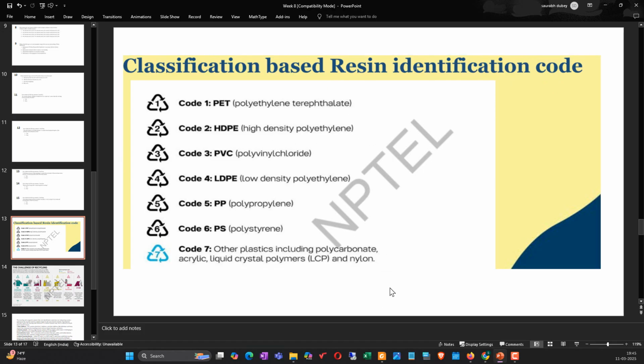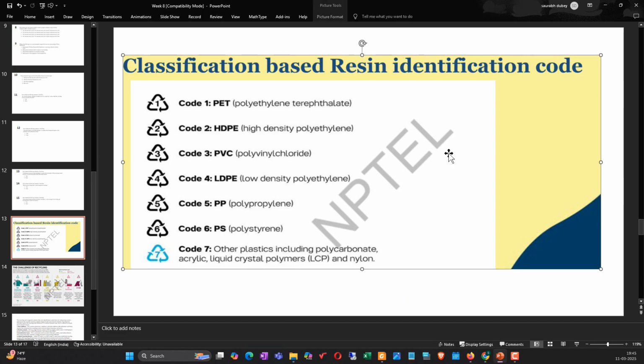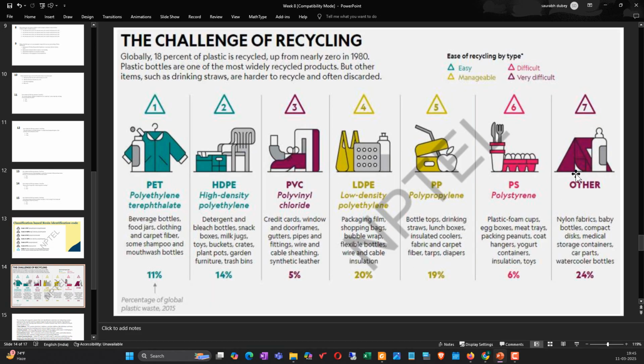So he got confused, or there is some misinterpretation that this list is as per the ease of recyclability. It seems like, because PET is easiest to recycle, and then HDPE. So if you think like that, whichever is easily recycled, he thought that is given code 1. No, the thing is, he got confused here.